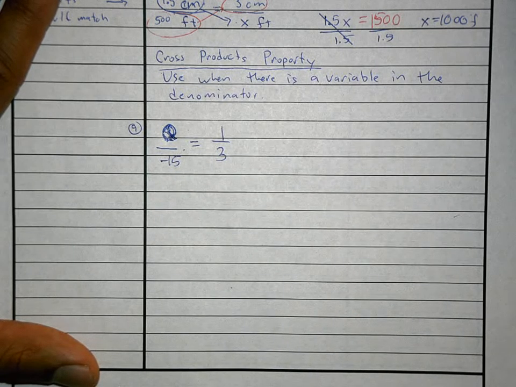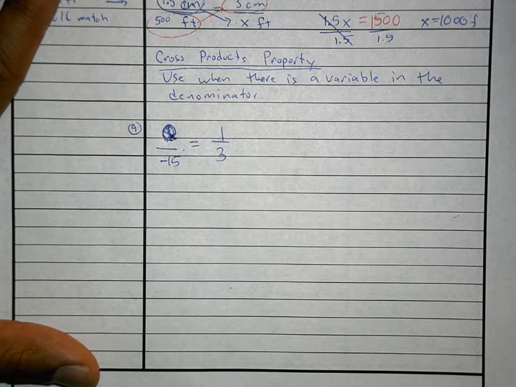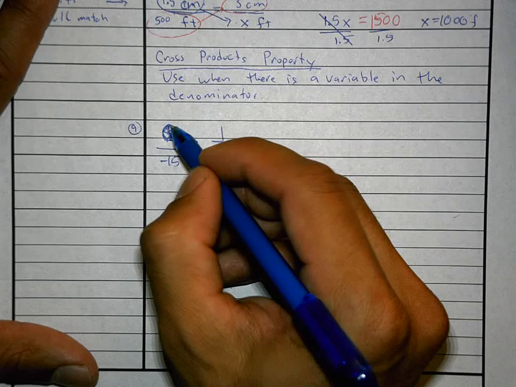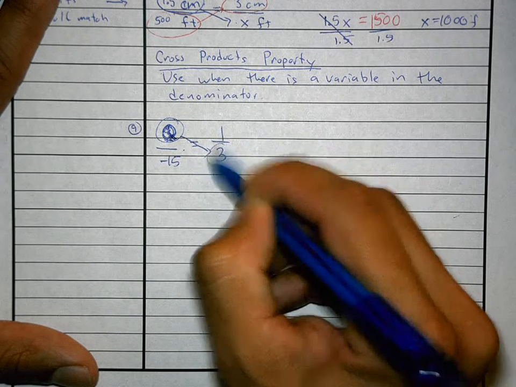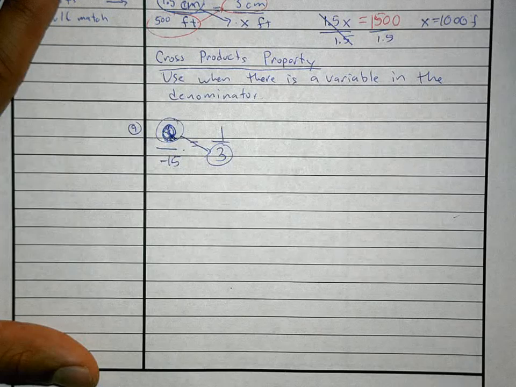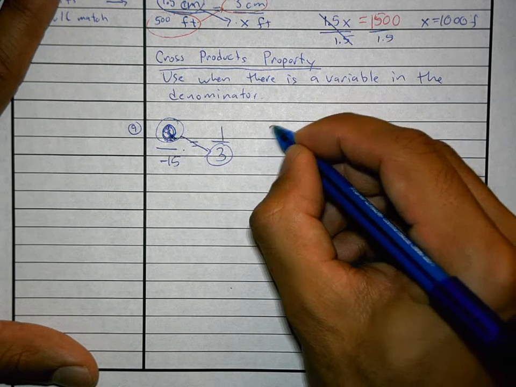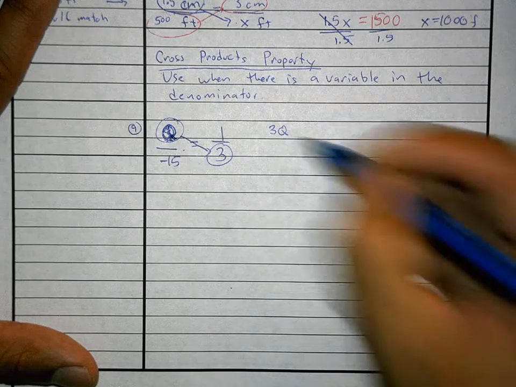And I'm going to use the cross products property. I'm going to take the top left and multiply it by the bottom right. I'm going to do q times 3, which is 3q.